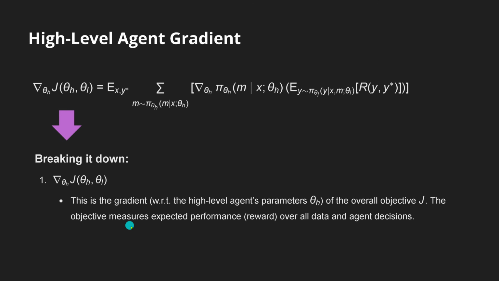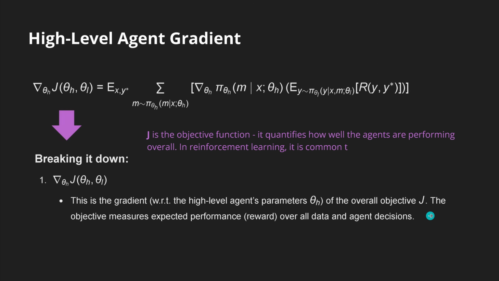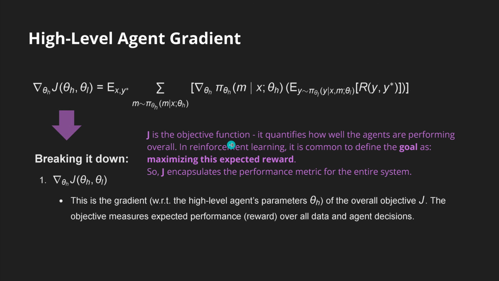And the objective measures the expected performance, or the reward, over all the data and all the agent decisions. J is this objective function. It quantifies how well the agents are performing overall. Especially in reinforcement learning, it is common to define this particular goal as maximizing the expected reward. This is our optimization problem.